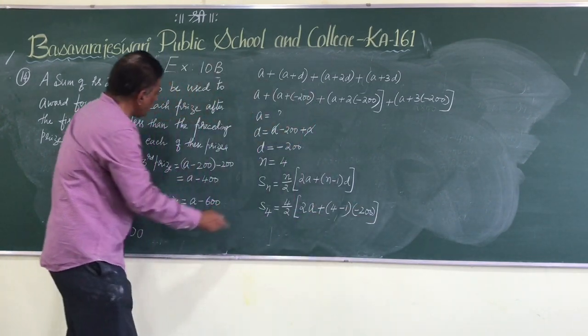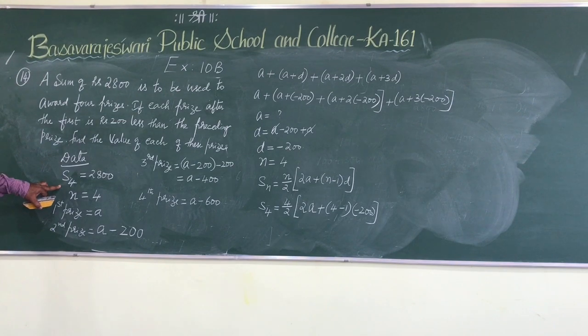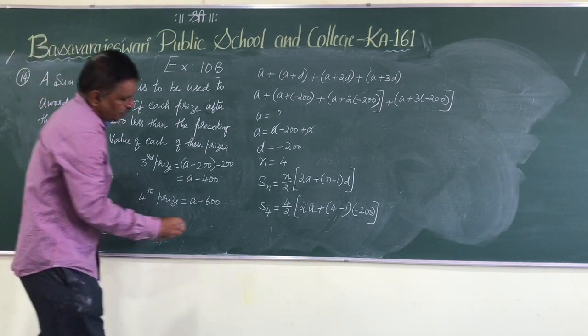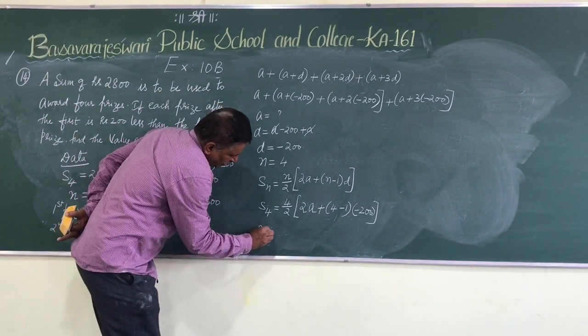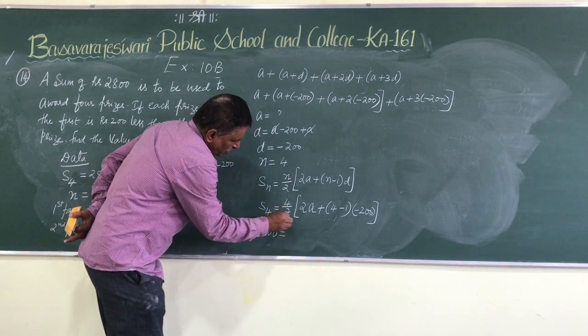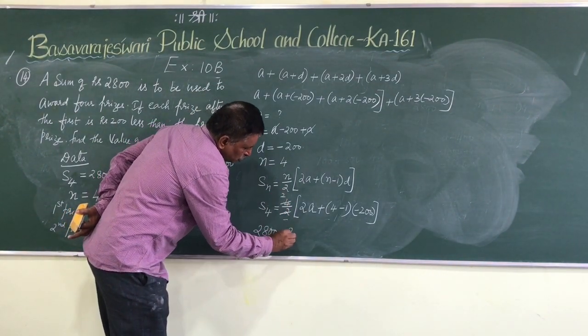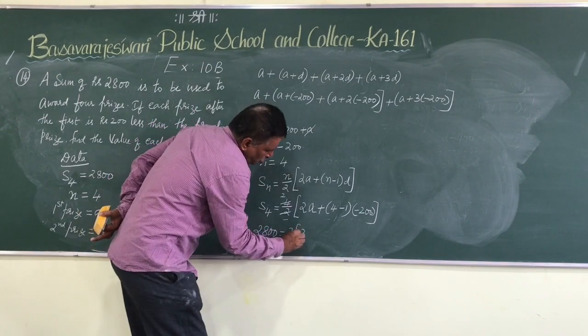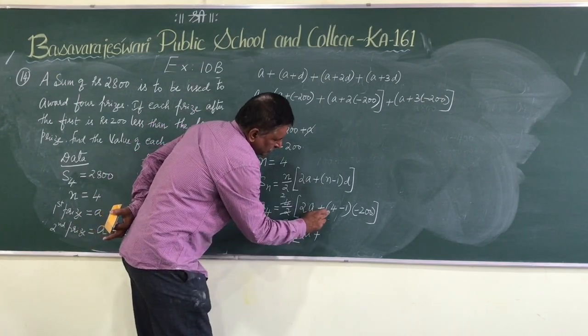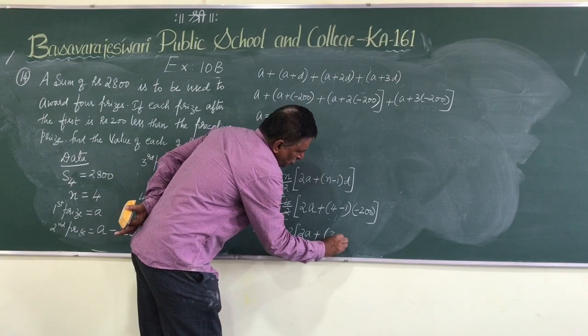What is S4? Sum of all the 4 is how much? 2800. So 2800 is equal to 4 by 2 of 2A plus 3 into minus 200.